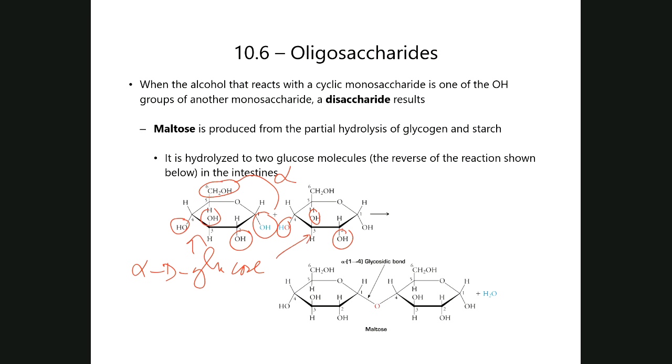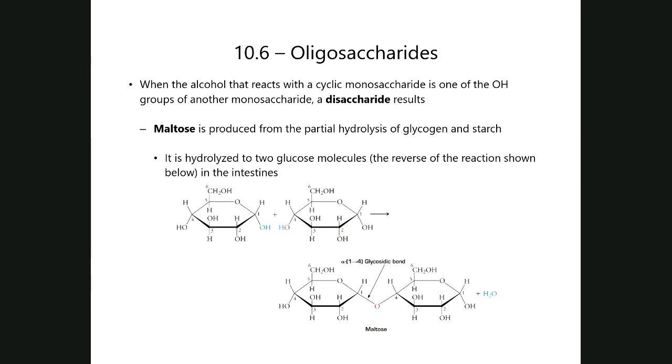So what happens if this alcohol on carbon number 4 of one glucose serves as the alcohol with which the hemiacetal of the first one that's on the left does the exchange? So what happens is that the skeleton of the one on the right becomes attached to the skeleton of the one on the left, right here in the middle.